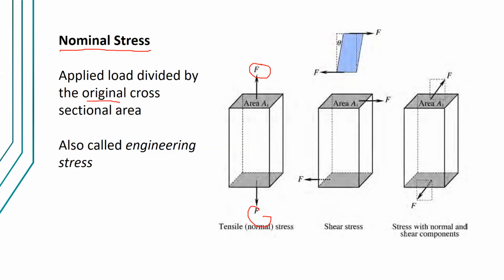As you can see here, there are other types of stresses aside from normal stress. Again, normal means perpendicular to the face. Normal stress could be either tensile or compressive. Aside from normal stress, we could have shear stress as well, wherein the force is applied sort of parallel to the area of application, just like you're seeing here.